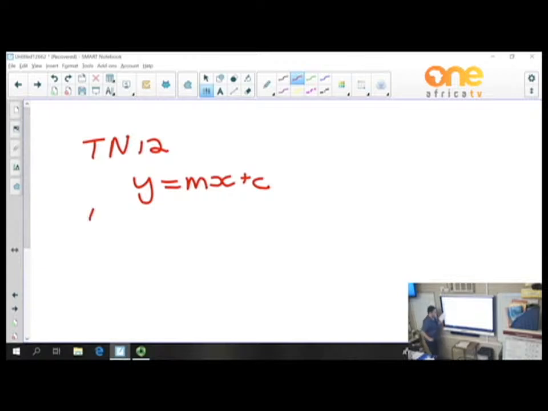And now they say the straight line perpendicular to y is equal to 4x minus 5, and it passes through the point -2, 4. Okay, now what did we say? So the equation is y is equal to 4x minus 5. When will they be perpendicular? So first we need to find this one's gradient, and this one's gradient here is 4/1.